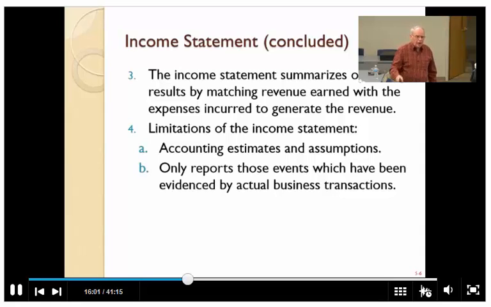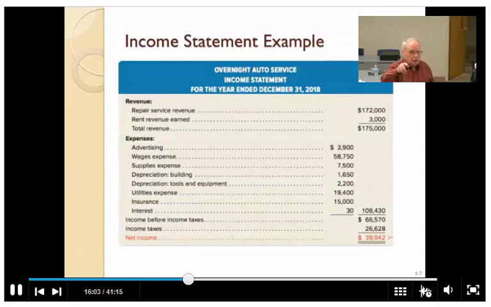All right, now again, these values are being taken from that trial balance. And this is called the single-step income statement. You list all revenue, subtract all expenses to arrive at net income. But again, don't get twisted up in your togas here, folks.